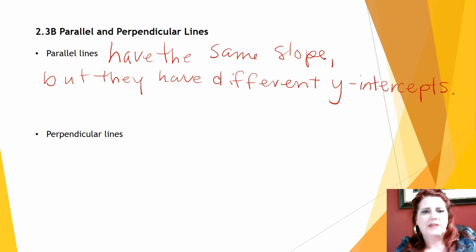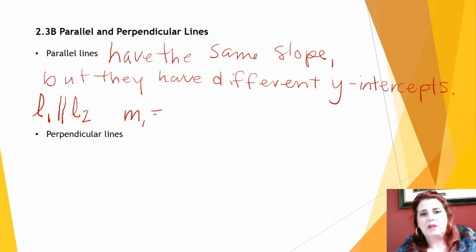So we can say that line L, and we'll just label it line L sub 1, and then the symbol for parallel is two lines like this, L2. And the slope of line 1 would be the same as the slope of line 2.